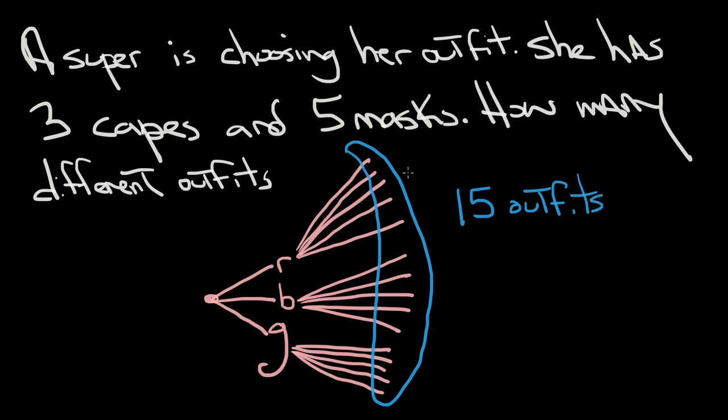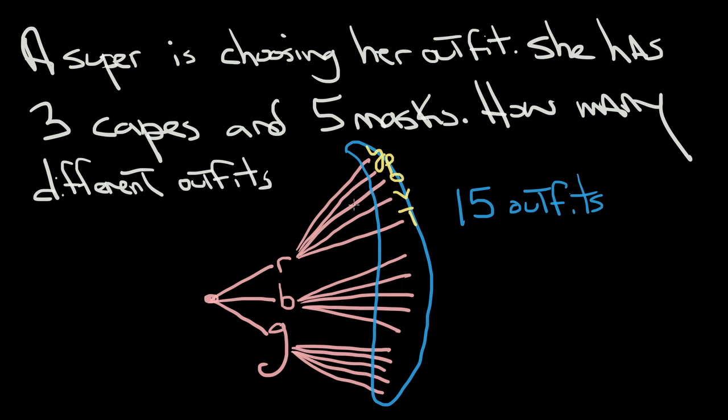If you wanted to know the chance, let's just say for fun that the masks were different colors. Say there was a yellow, a pink, a black, a green, an orange, a violet, and a turquoise, right?